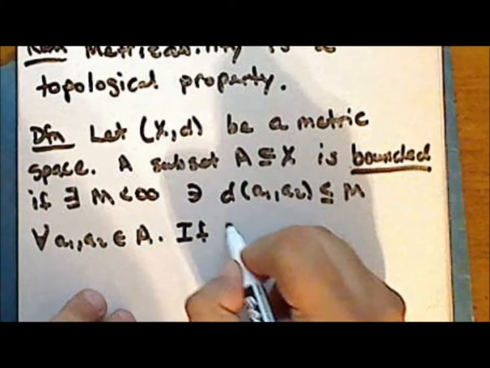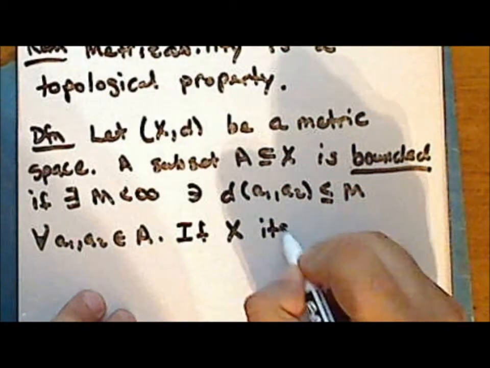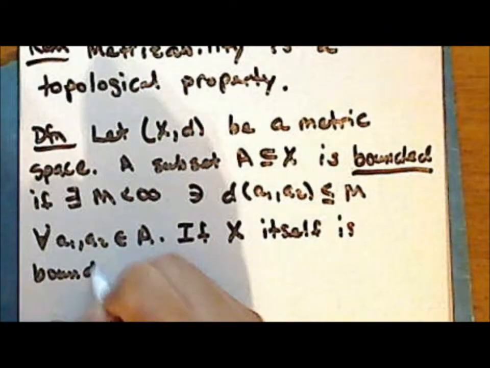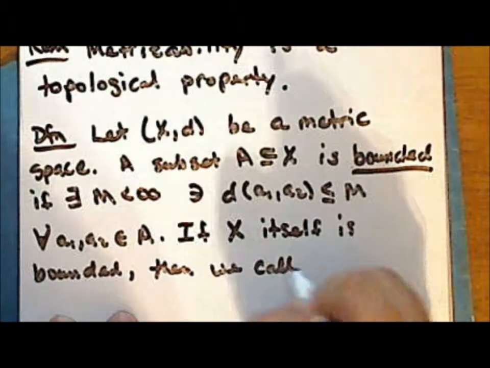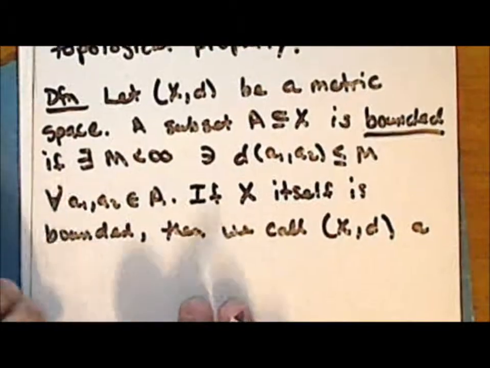If the underlying set X itself is bounded, then we call the space a bounded metric space.